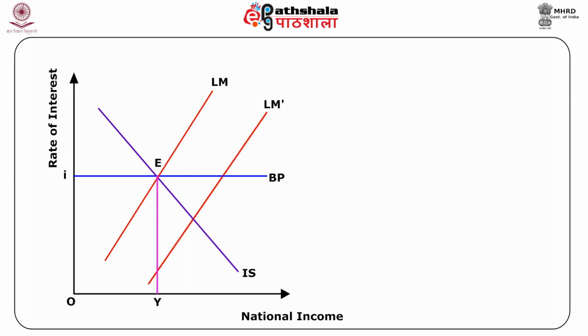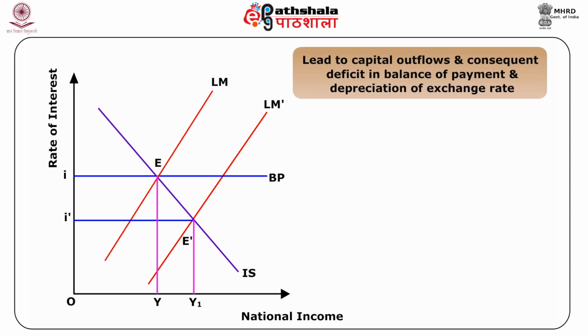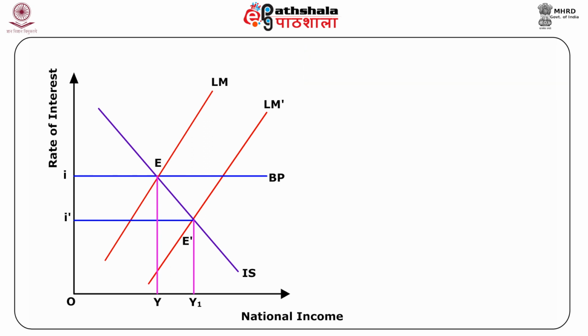The LM dash intersects the IS curve at E dash, which lowers the interest rate to I dash and raises the income to OY1. These lead to capital outflows and the consequent deficit in the balance of payments and the depreciation of the exchange rate.